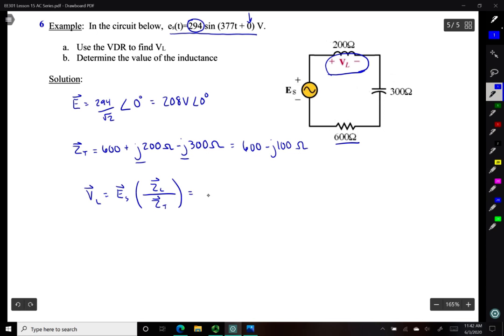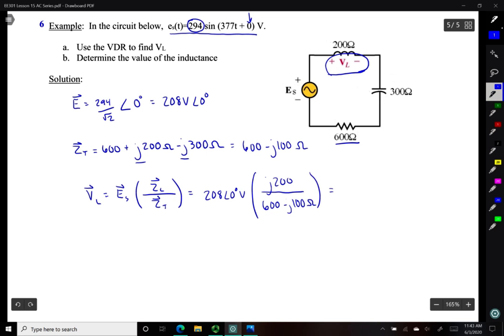So if we plug in the values, we have 208 volts. Multiply that by the inductor's impedance over the total impedance.